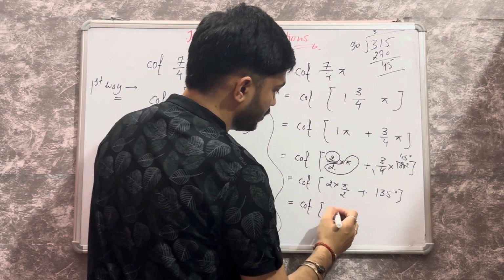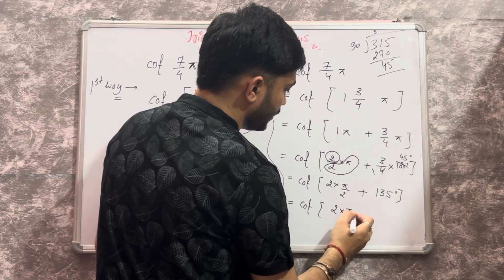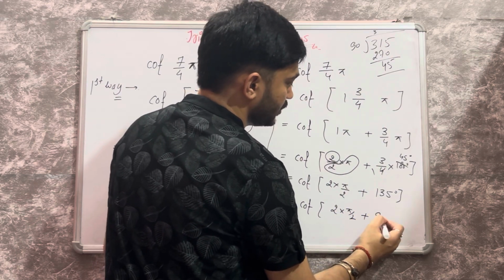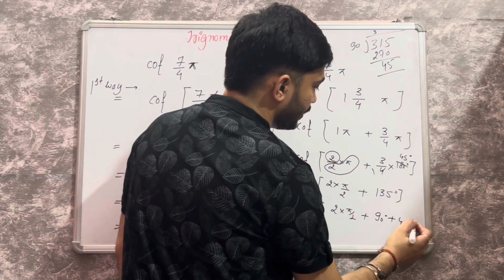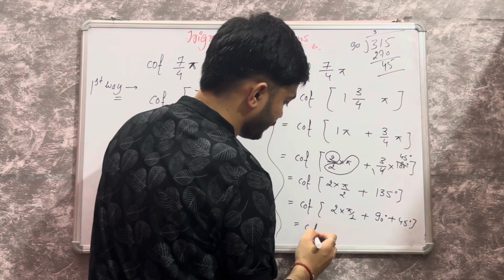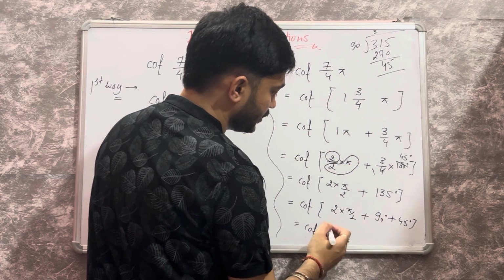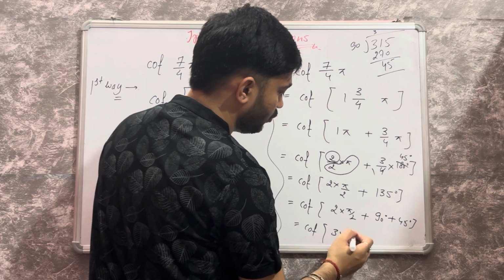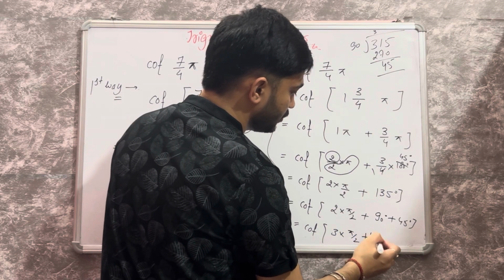Cot of 2 into pi by 2, 135 is 90 degrees plus 45 degrees. 2 into 90 and 3 gives 3 into pi by 2 plus 45 degrees.